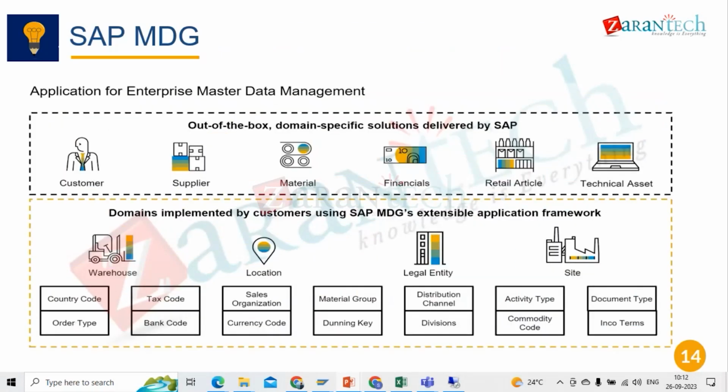Here you can see the application for enterprise master data management. Here we are going to maintain all master data related to customers, suppliers, materials, finance, real estate, and technical assets. Here we are going to see how we configure the MDG system.